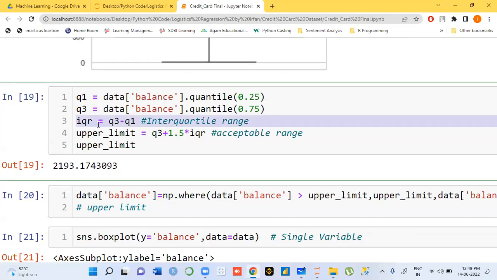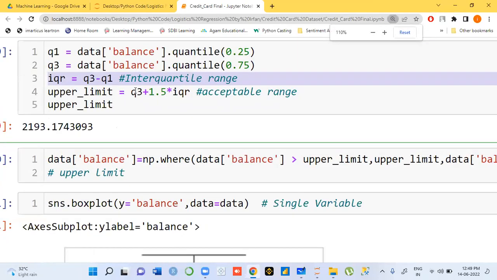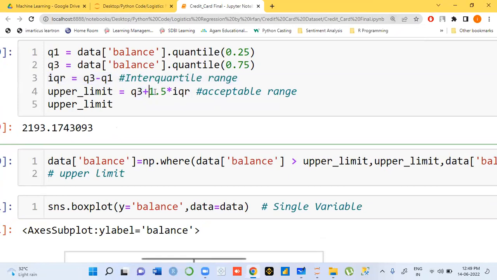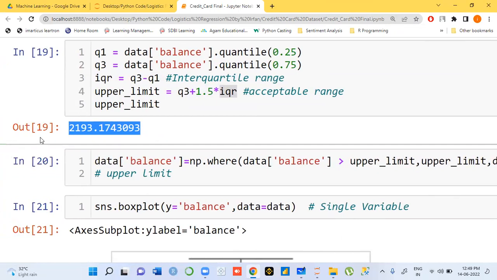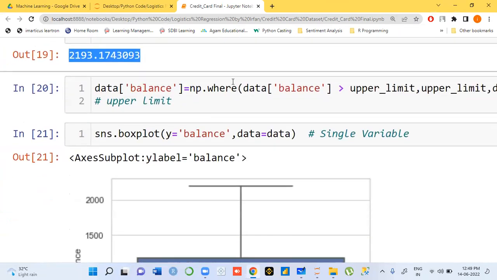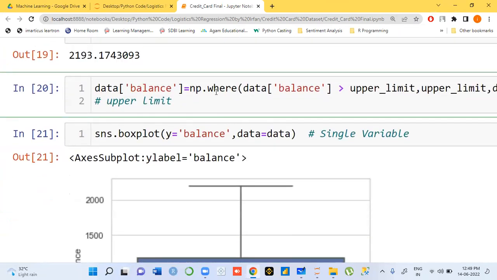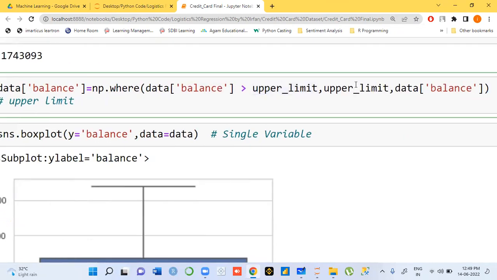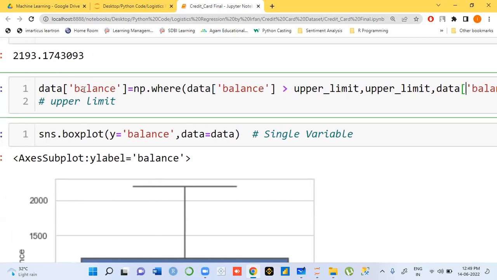Then the upper limit is Q3 plus 1.5 times IQR. What is the upper limit? So any value greater than 2193 is an outlier. So np means numpy, np.where data, column name balance: if the balance value is greater than the upper limit, replace it by the upper limit, otherwise give me the same data. Assigning in the same data, same column.